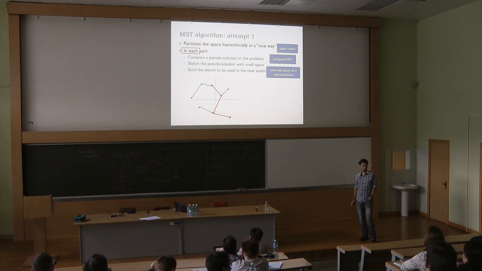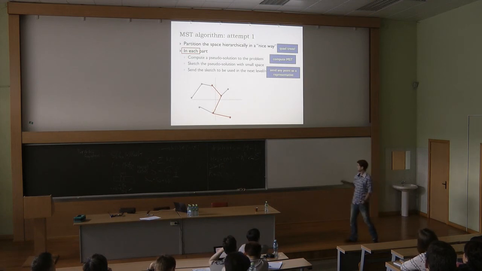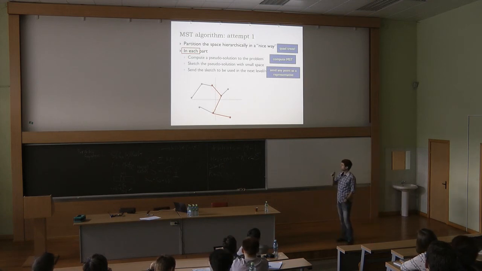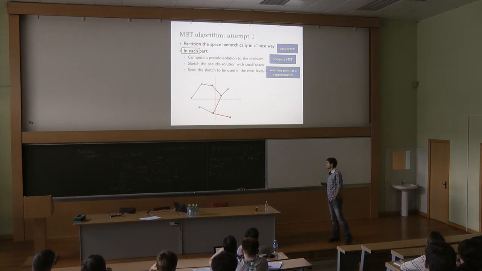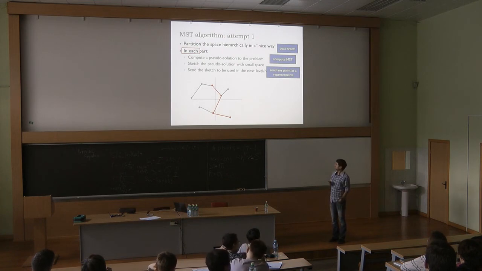Okay, so this is the algorithm. This is an attempted algorithm, as it says up here. It won't exactly work to give what we want, but it's a good approximation. It's a good start. So first of all, what is the problem here? Note that we didn't compute the minimum spanning tree.